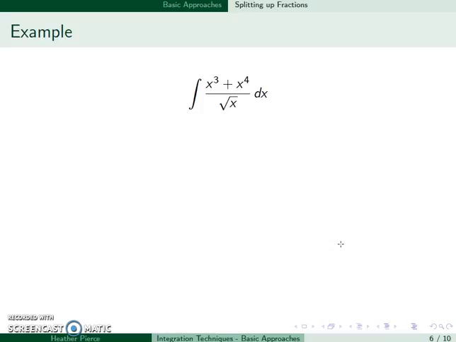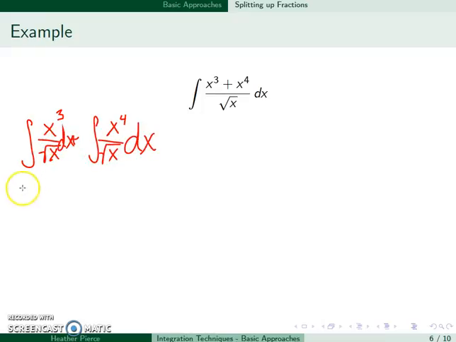If we have a single term in the denominator, like we do here, we can split these fractions. This is the same thing as the integral of x cubed over the square root of x, plus the integral of x to the 4th over the square root of x. And then we can simplify these.